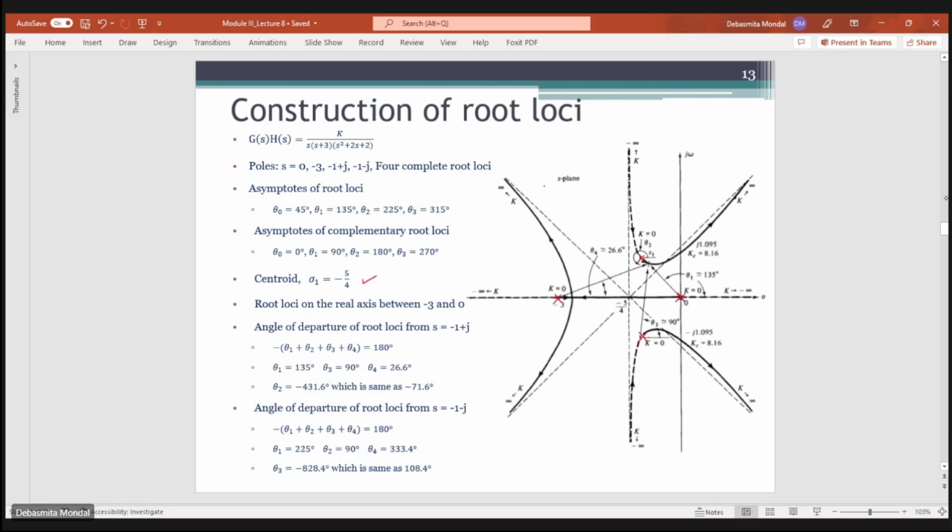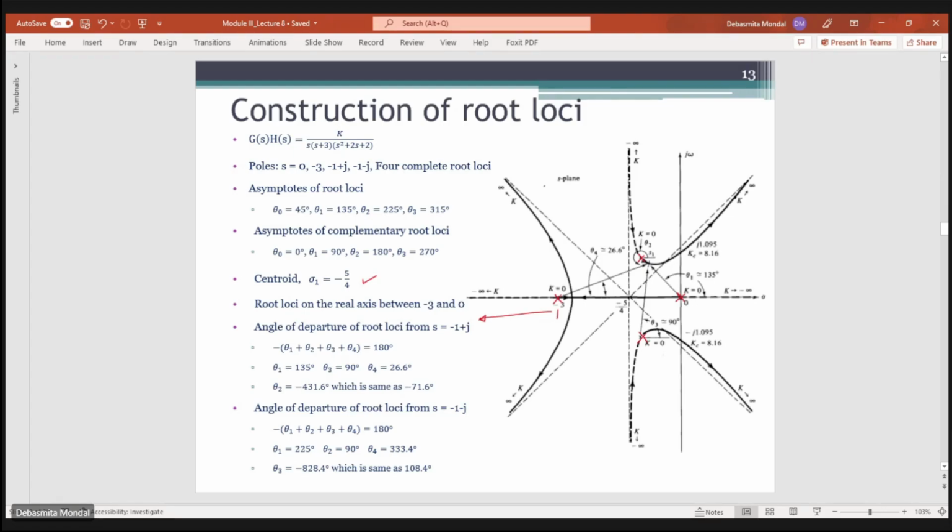But if you consider the portion from here till here, to the right side of it there are two poles. We are not interested in the complex conjugate poles, so these do not come into the picture. So for this portion we have an even number of poles to the right, which means this will not be a part of the root locus. So the root locus will be present on the real axis between minus 3 and 0.